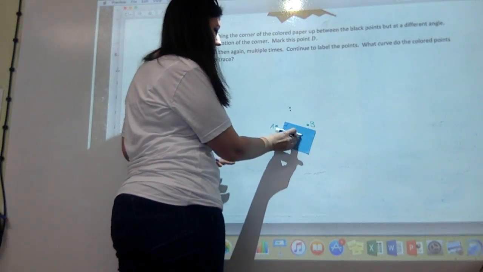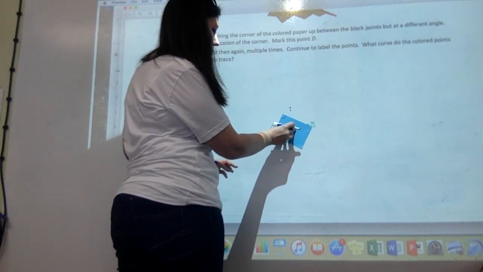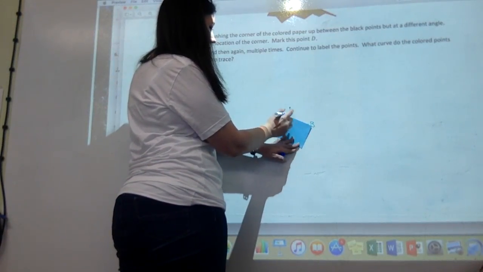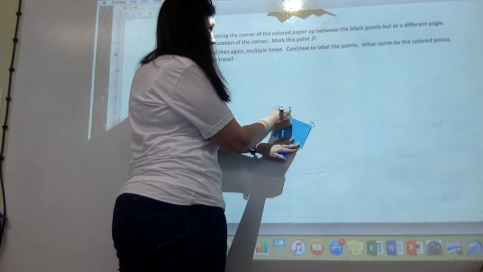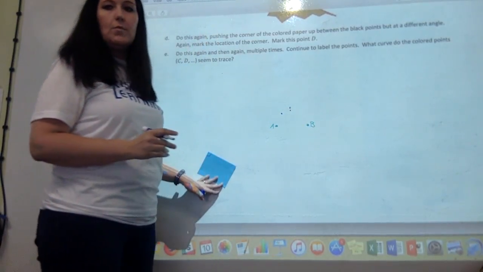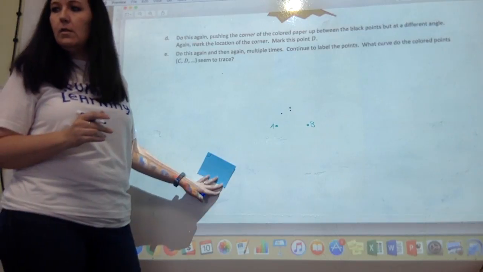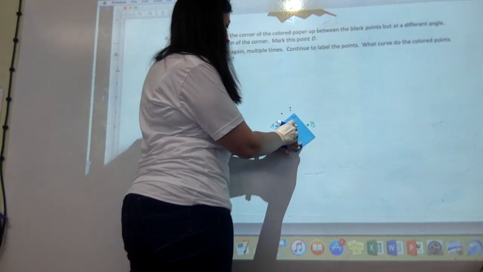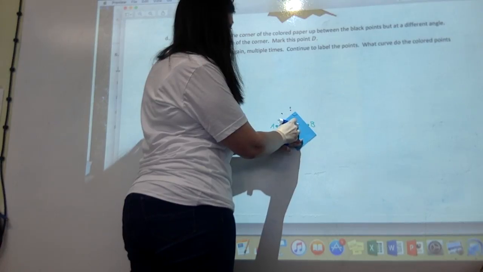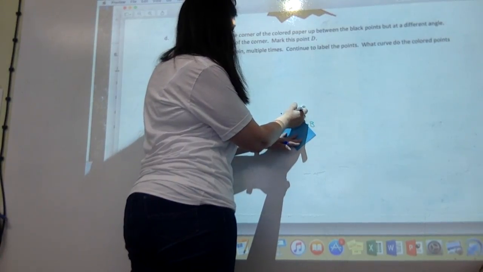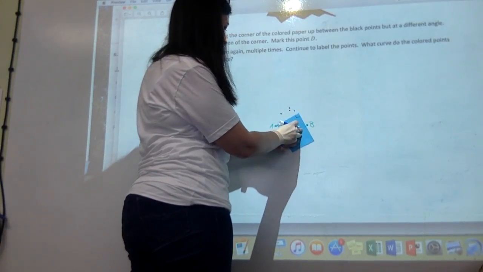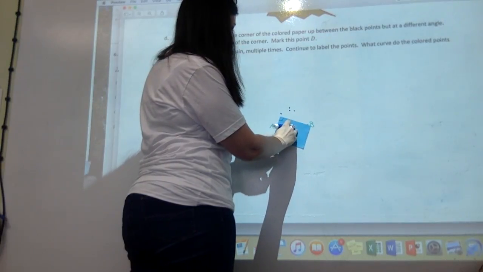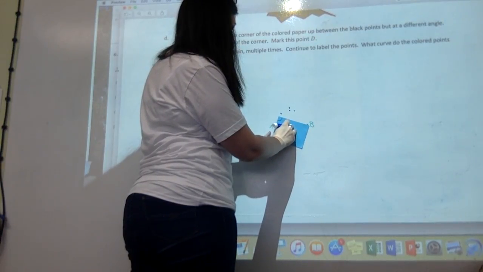Now I'm going to turn it. It has to stay touching the points, but I'm going to do it a different way. So now here's another point, like right there. That makes sense? Keep going, just make different points.